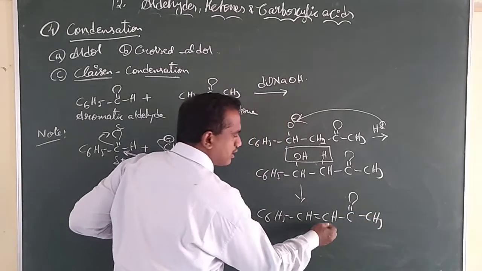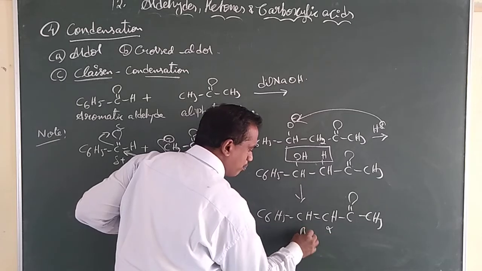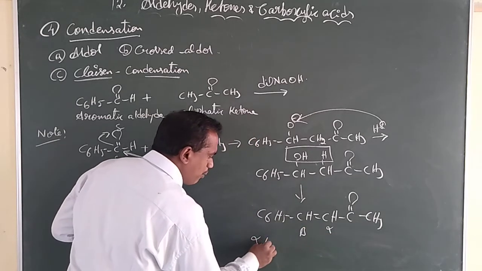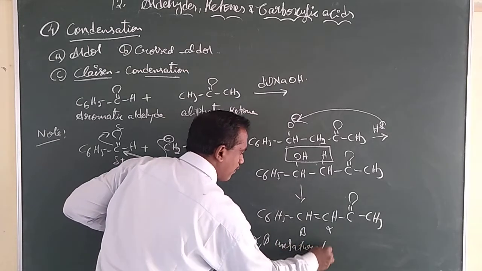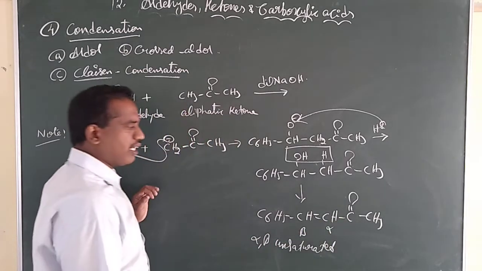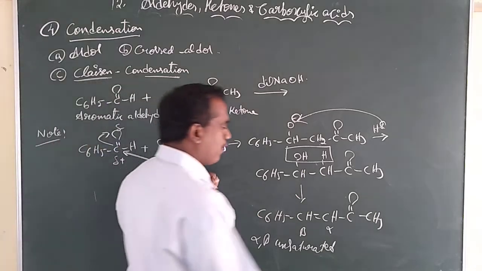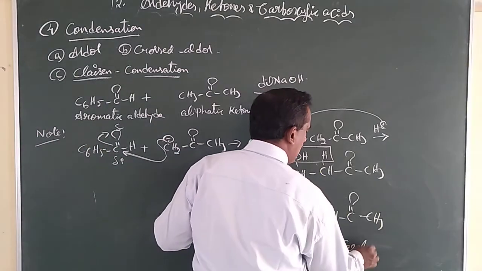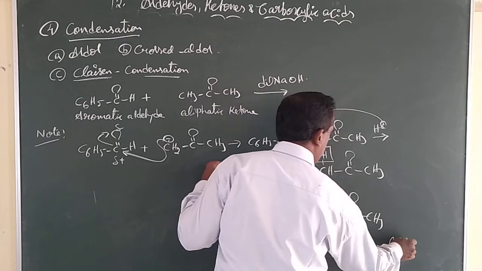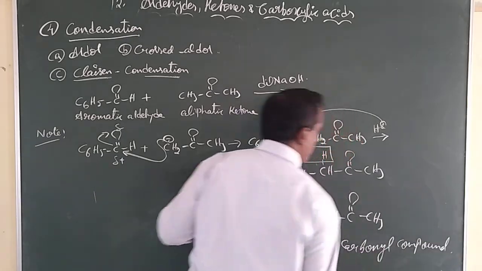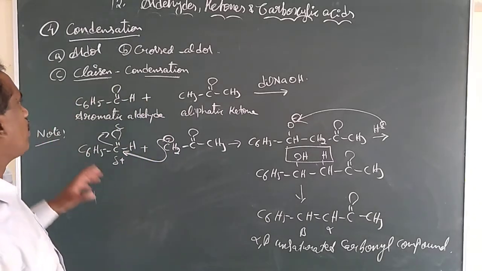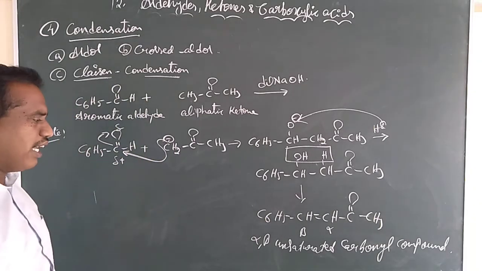This is the alpha and this is the beta. An alpha, beta, unsaturated carbonyl compound is formed. That's what we call Claisen condensation reaction.